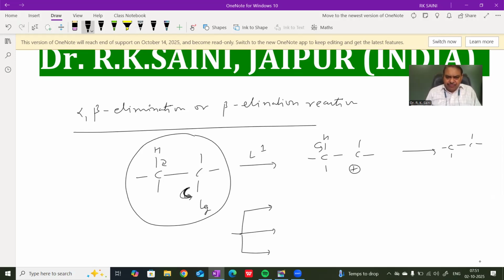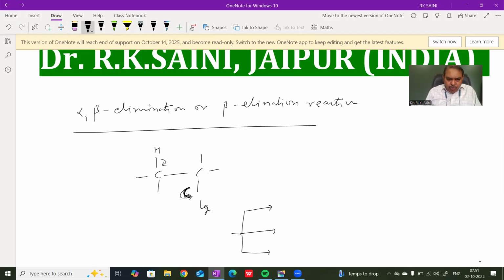In the second case, if removal of the leaving group and deprotonation take place simultaneously, then the partial double bond character develops in the transition state, and these reactions are known as E2 elimination.